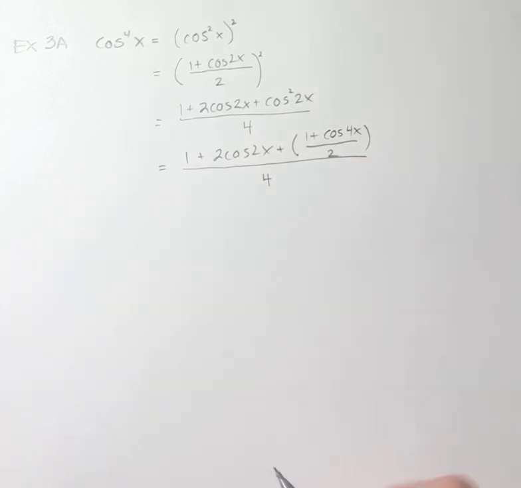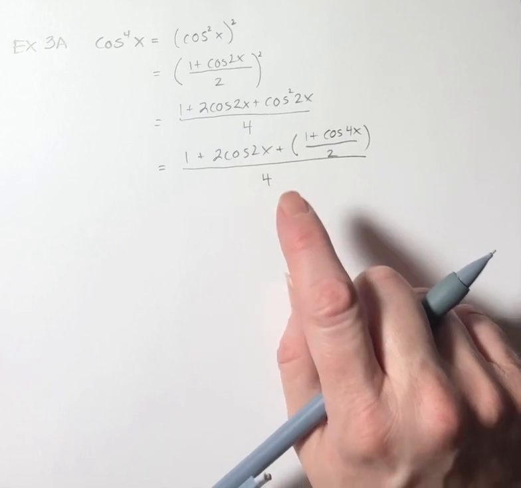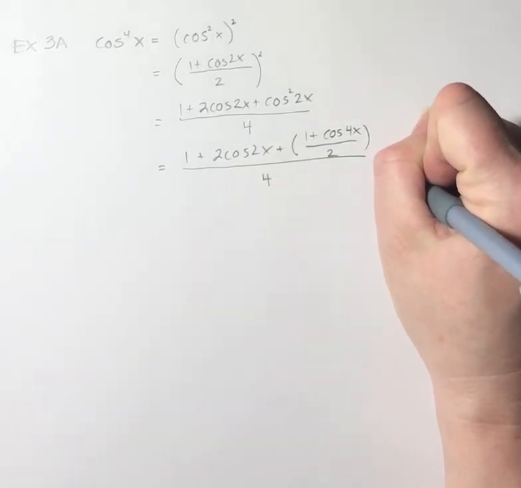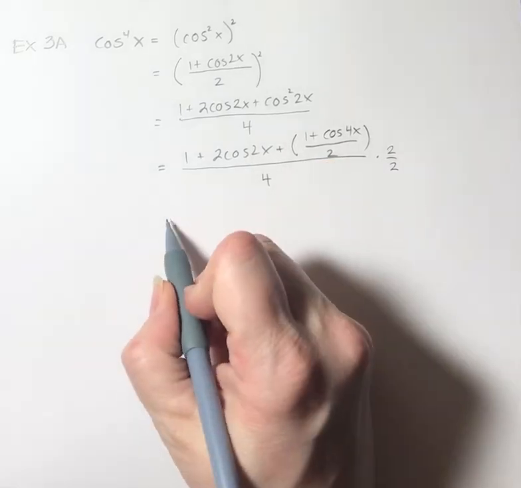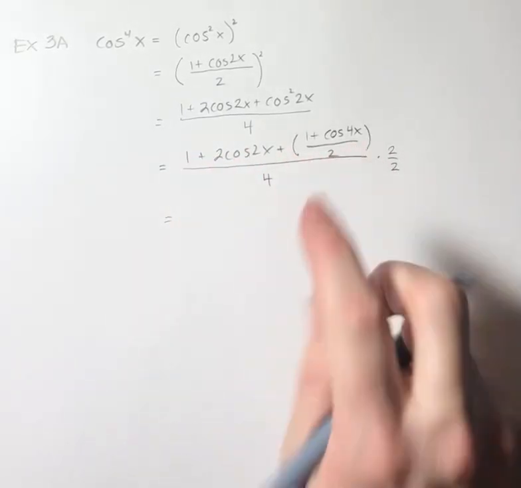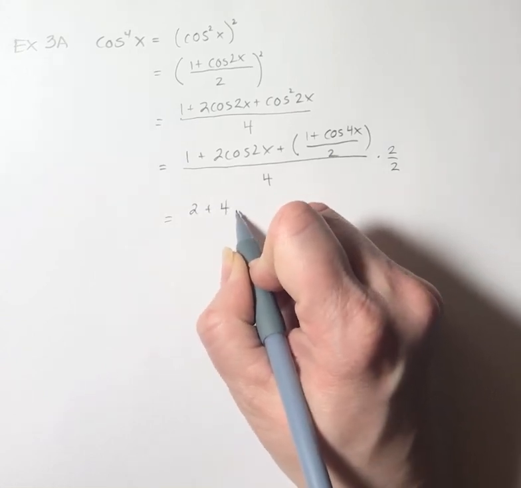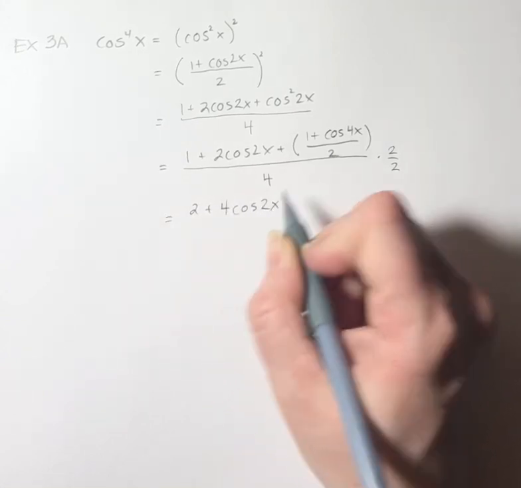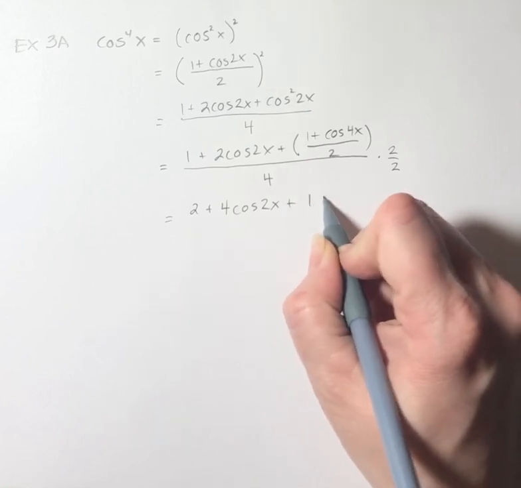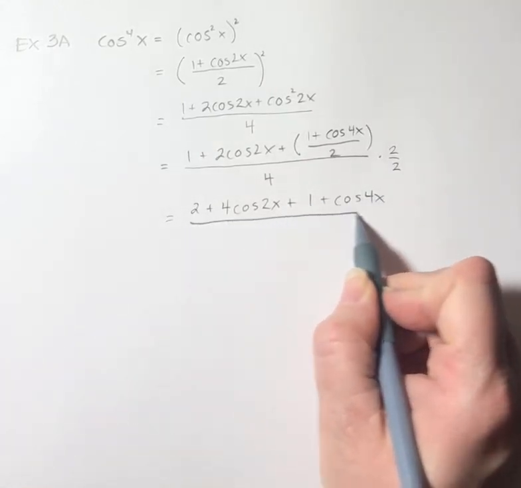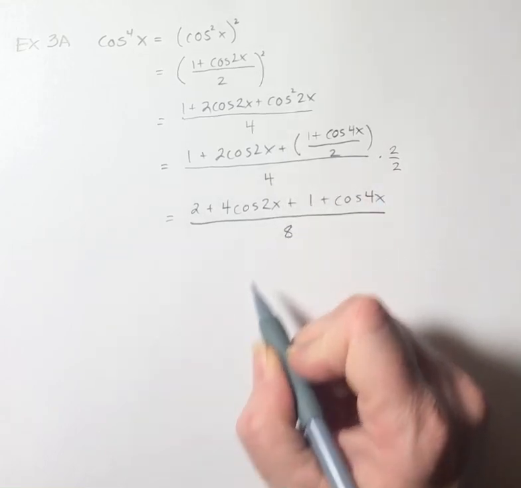So not acceptable to leave a fraction within a fraction. The fastest and easiest way to deal with this is to multiply by 2 over 2. So I have to distribute that 2 all on top. So I get 2 plus 4 cosine of 2x plus 1 plus cosine of 4x. And on the bottom, I get 8.